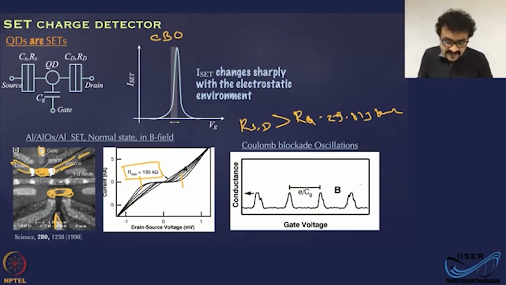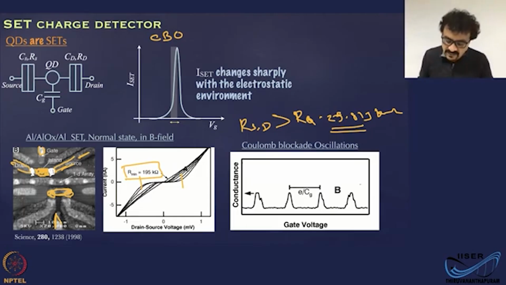So these junctions are more or less symmetric, and you can assume that each of these two junctions has close to 100 kilo ohm resistance, which is more than the resistance quantum required for observing the Coulomb blockade oscillation.